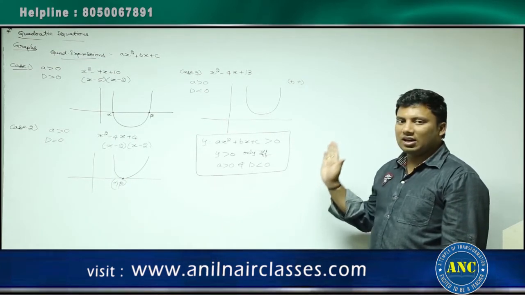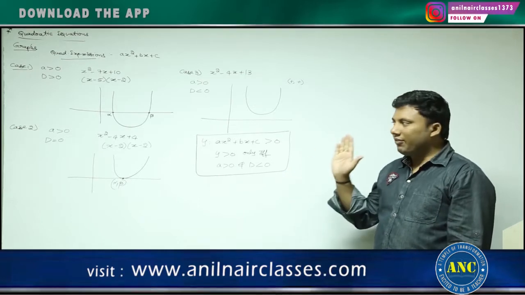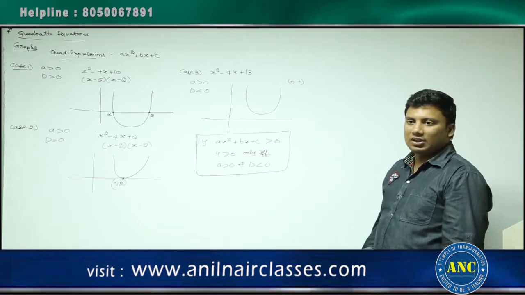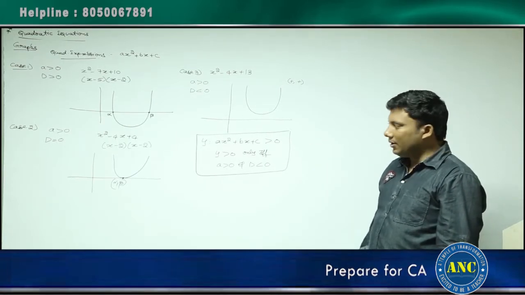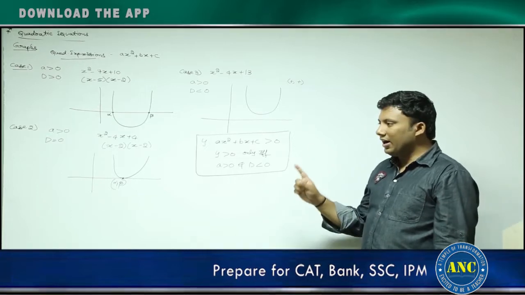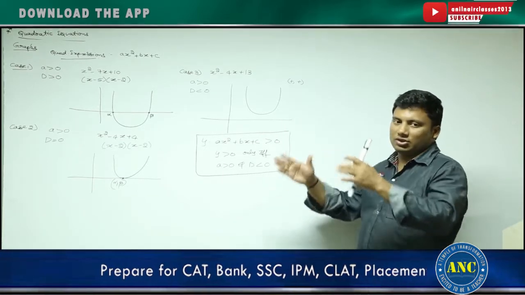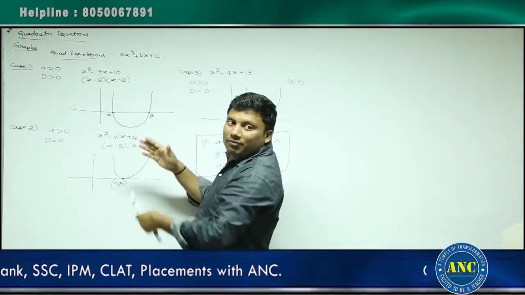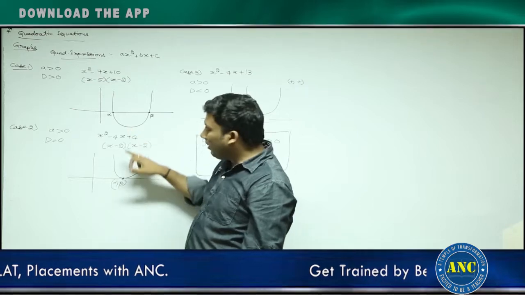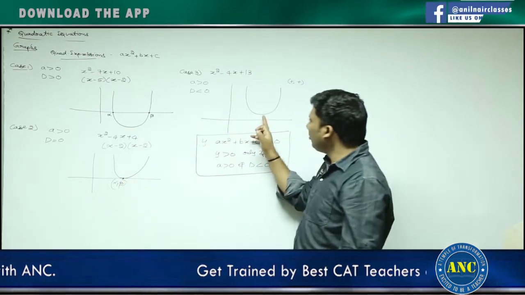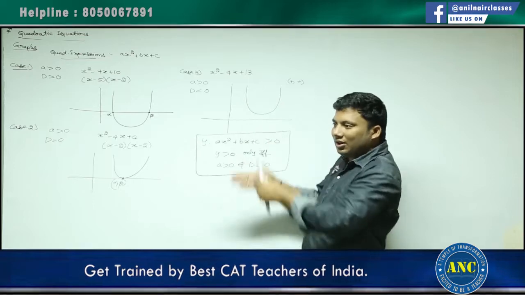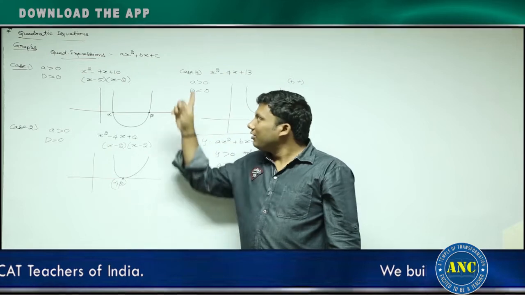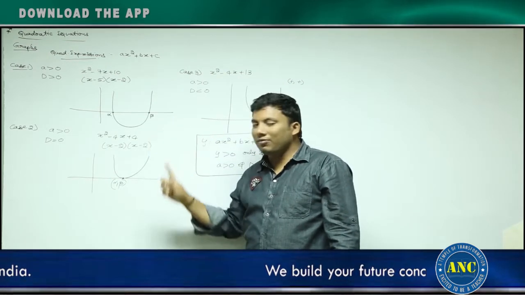All these three cases are when A is greater than 0. If A is greater than 0, the graph is going upwards. Please write down that point also. A greater than 0, the graph is going upwards. Now, please see here. If the graph is going upwards, what can you determine? Minimum value you can determine. Can you determine the maximum value? No. If A is greater than 0, the graph will have a unique minimum value.